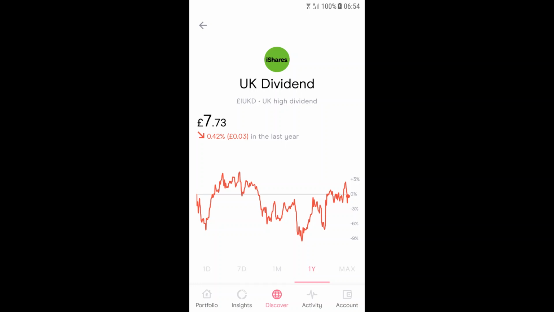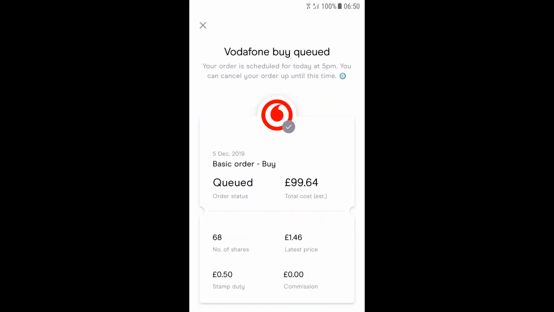Okay, so the next share that I picked up was Vodafone Group PLC, and as I've read and done a bit of research, this is actually undervalued at the moment.